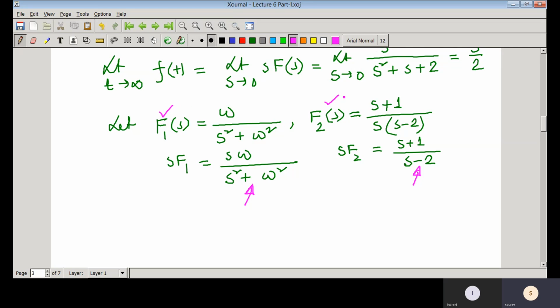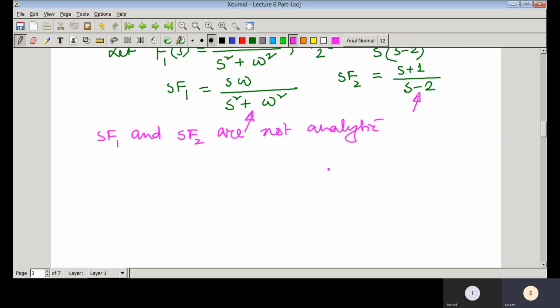That means sF1(s) and sF2(s) are not analytic on the imaginary axis.